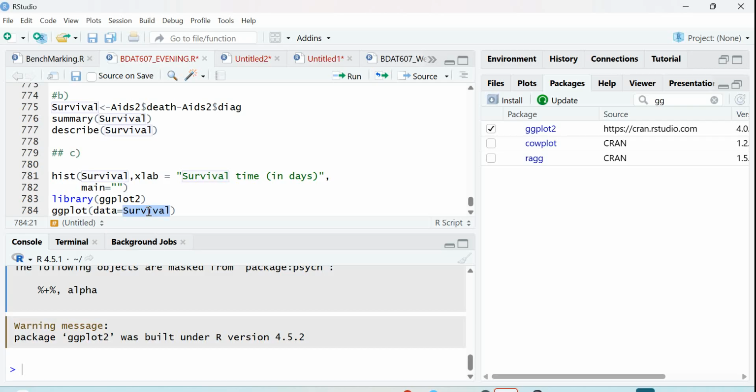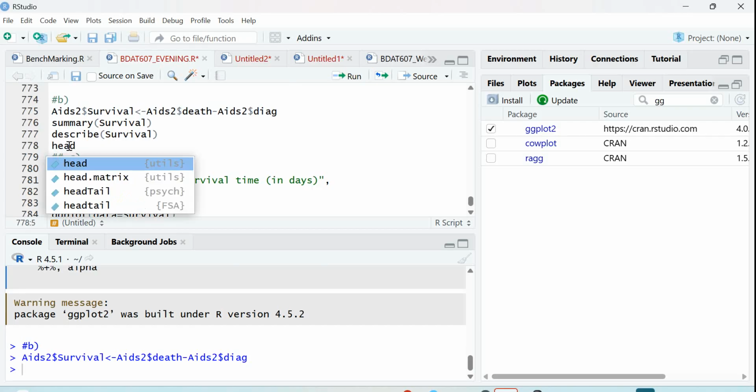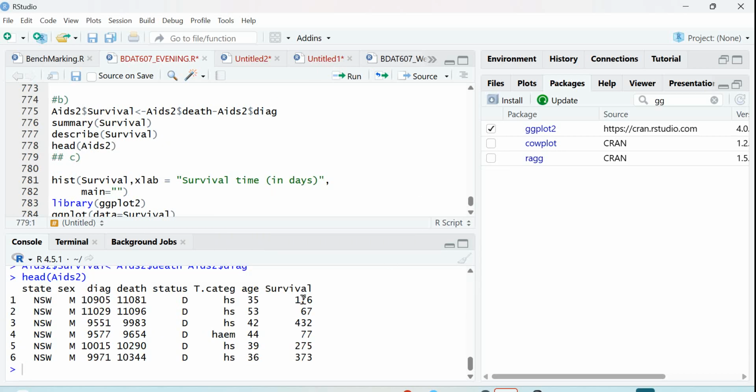But the survivor is not attached to it. If you want to do that, then we have to create a new variable for it. Let me look at the head of is2. So this is what someone was saying, that I don't have survivor. You have to create it. Now your is2 has a survivor.